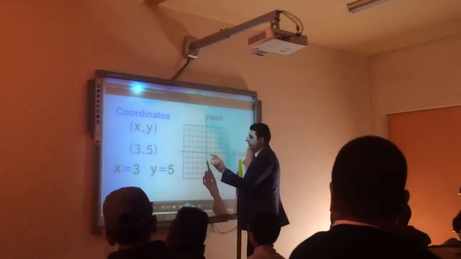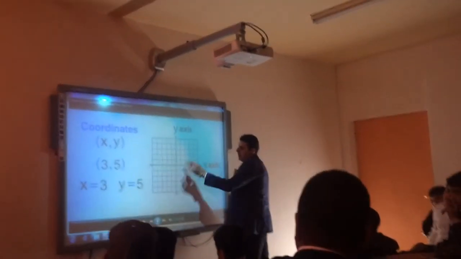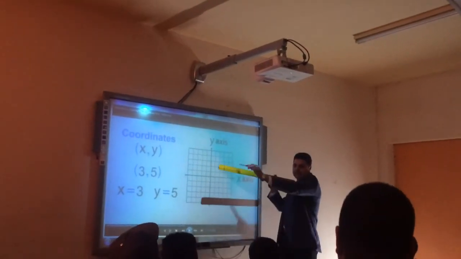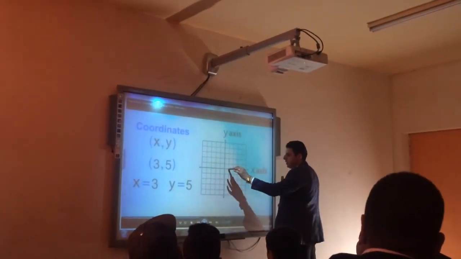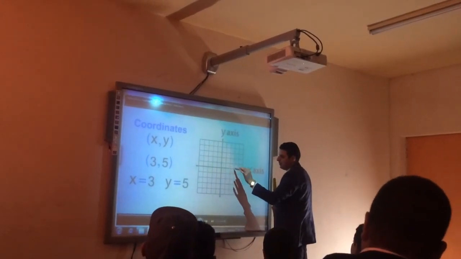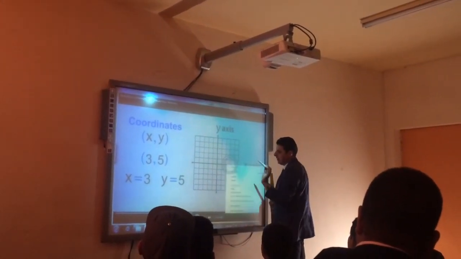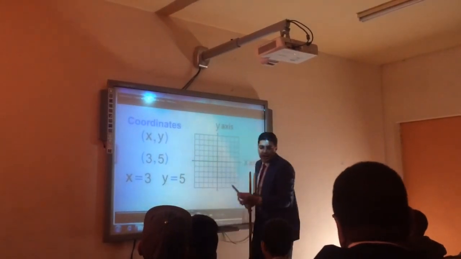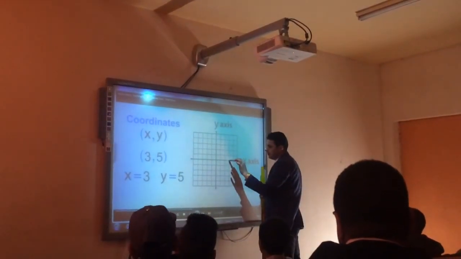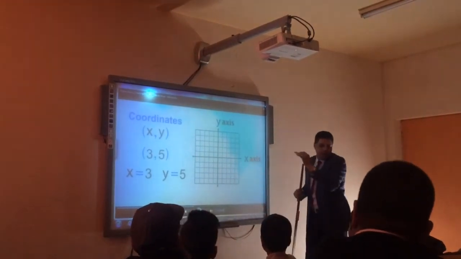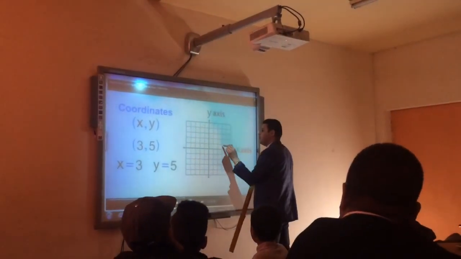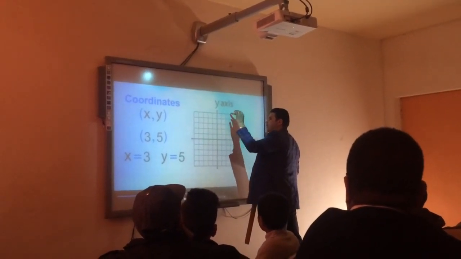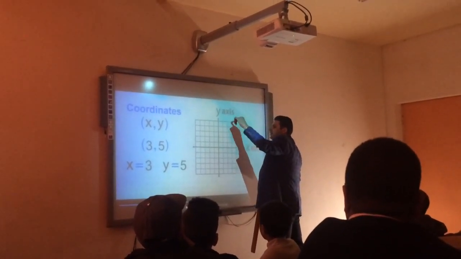This is on the x-axis because the first part belongs to the x-axis: positive 1, positive 2, positive 3. This is 3. Okay. And y equals 5. We go above 5 units from 3: 1, 2, 3, 4, 5. This point is (3, 5).